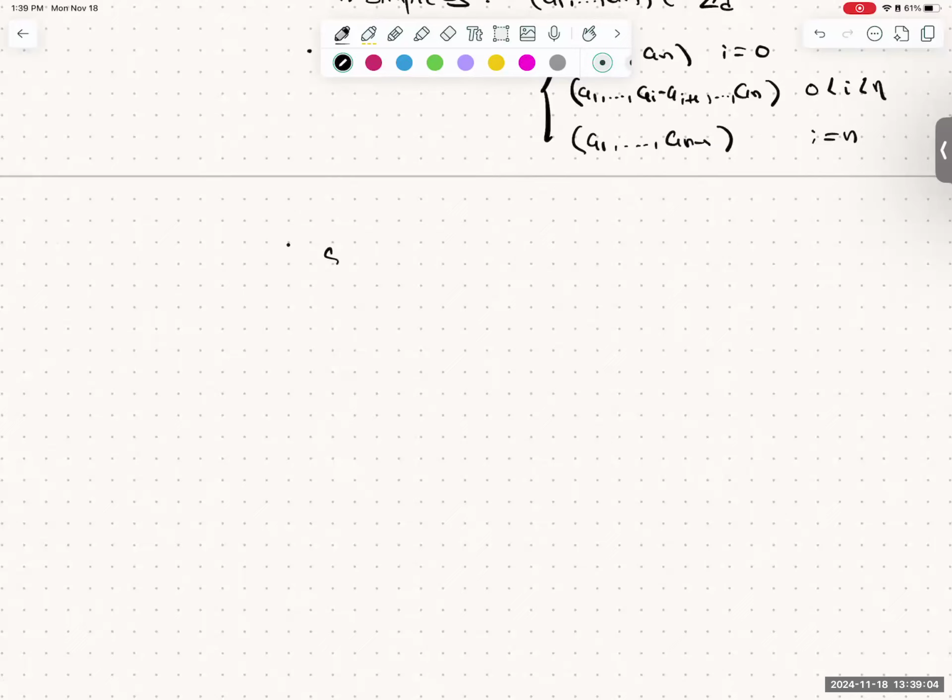And for completeness, if we have (a_1, ..., a_n), then the degeneracy map s_j is equal to (a_1, ..., a_{j-1}, 0, a_j, ..., a_n).